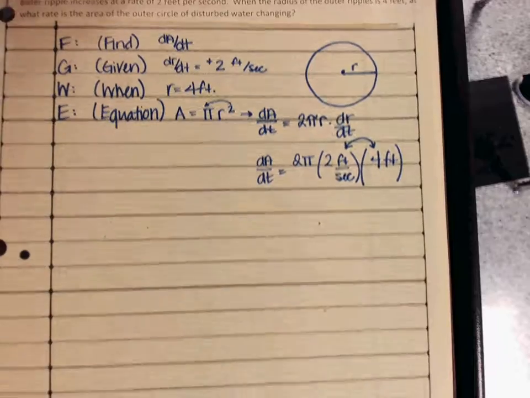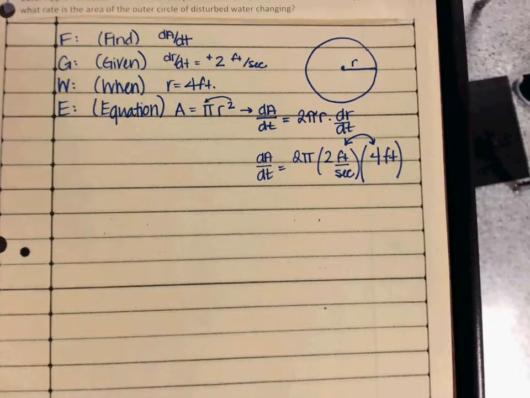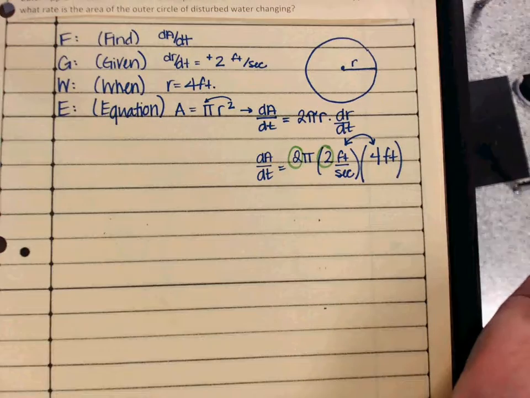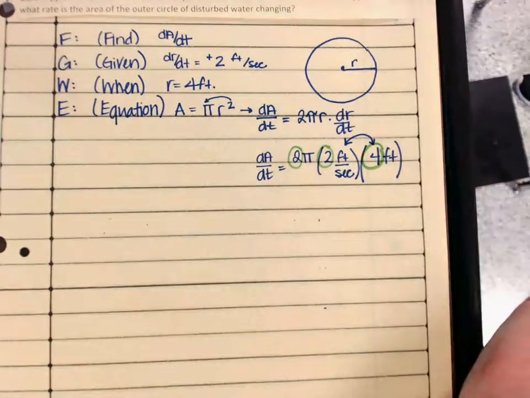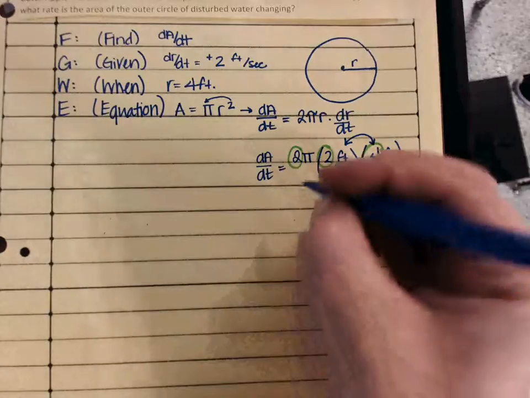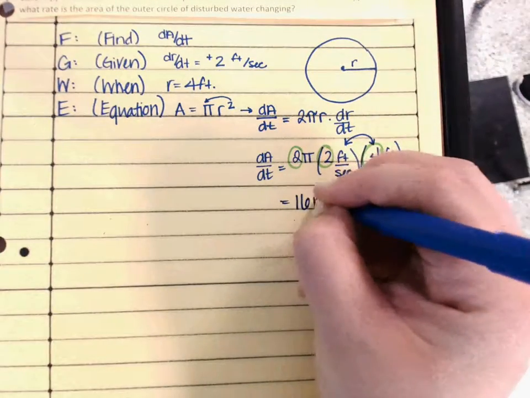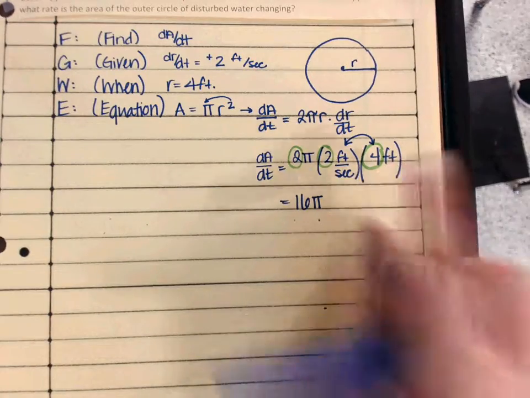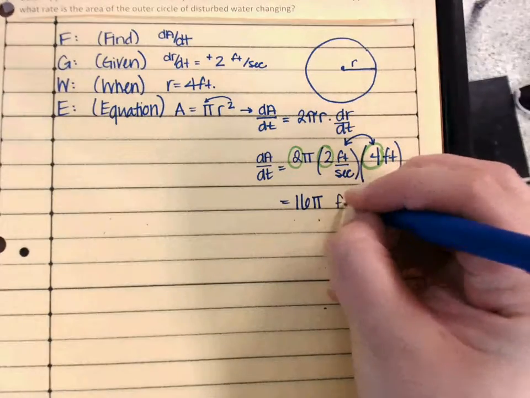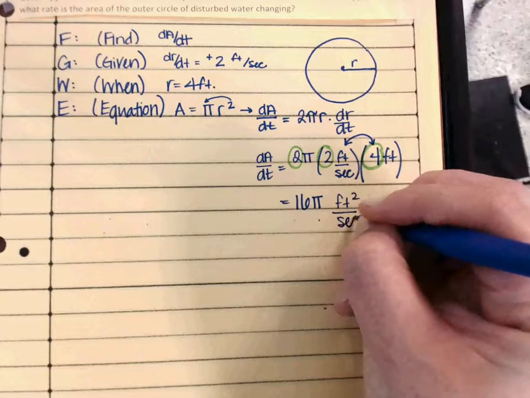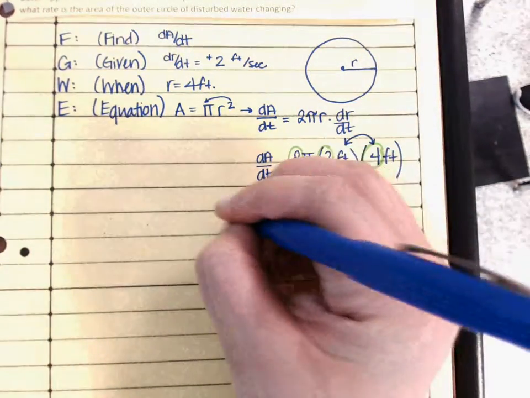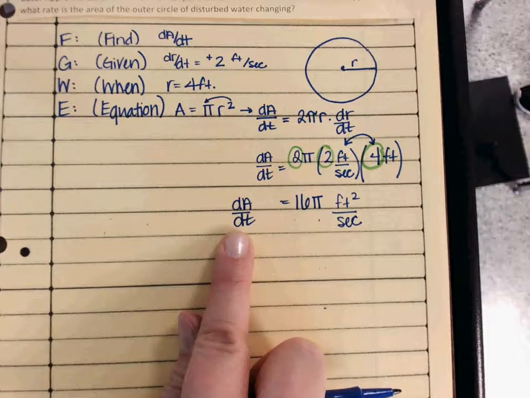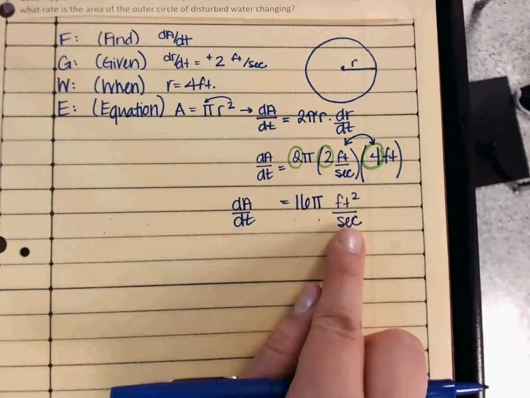Okay, let's multiply. What is 2 times 2 times 4 again? 16 pi. Now let's talk about units. I had feet per second times feet again. Feet squared per second. Now question, if I'm measuring how fast the area is changing, does it make sense that I got feet squared per second?